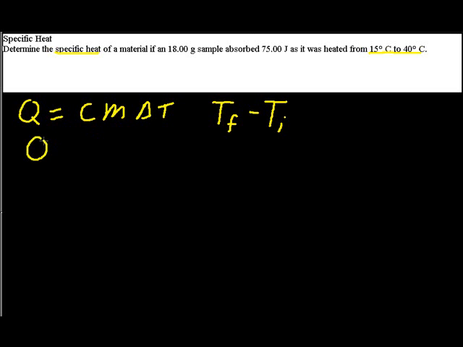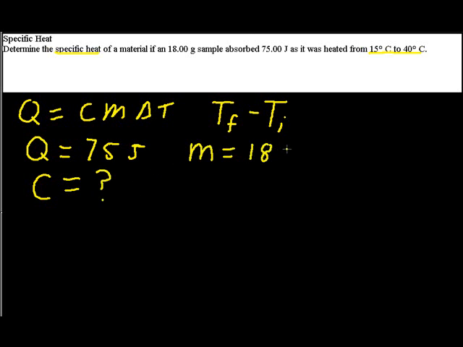So in this problem, heat Q is given to you. It's telling you there was 75 joules worth of heat moved into the system, was absorbed. C is the ability to hold that heat. It's the specific heat, and in this case, that's what we're asked to solve. M is the mass of the object, and it's always given in grams. In this case, it's 18 grams.